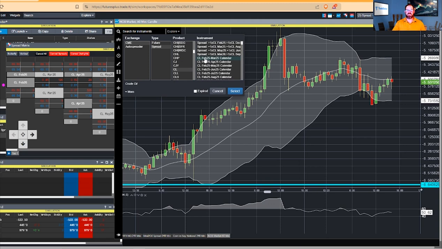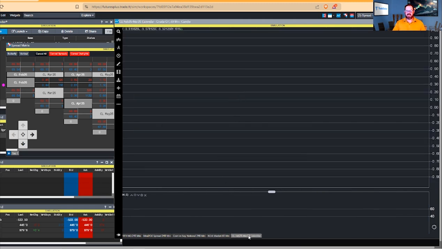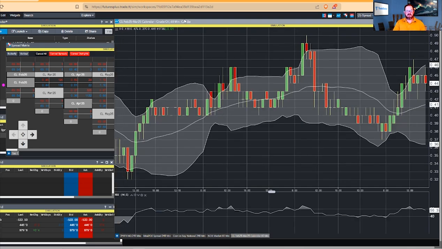Let's say I want to do February versus March. I could also create my own if they're not shown here, but right now I have February versus March. Select and bring up the chart. I am on a 60-minute chart right now still, and this is the intra-market spread for crude oil. This is the February versus March, which we saw right here, and can now visually see on the chart.